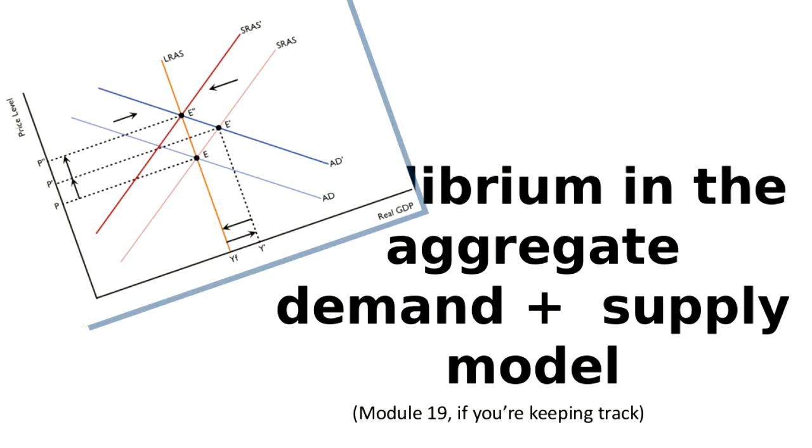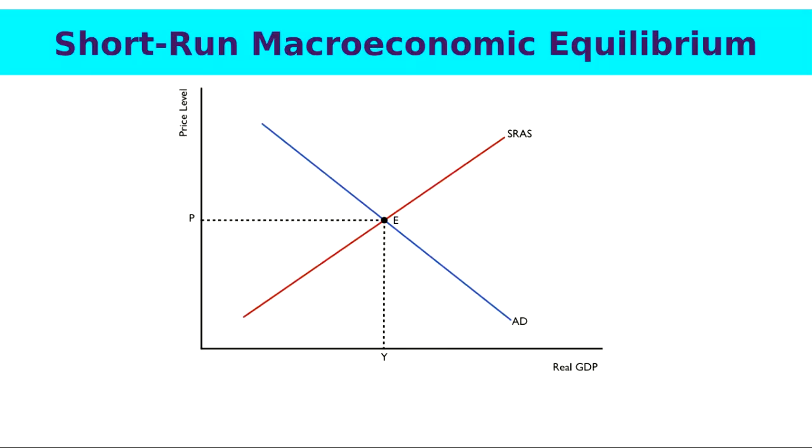So we got to talk about equilibrium. There is such a thing as short-run macroeconomic equilibrium, which just sounds fancy. All it is, is taking aggregate supply and aggregate demand and putting them on the same graph. So things to notice: our labels, our price level, real GDP. Okay, we've got our aggregate demand line, we've got our aggregate supply line. We do have an equilibrium point.